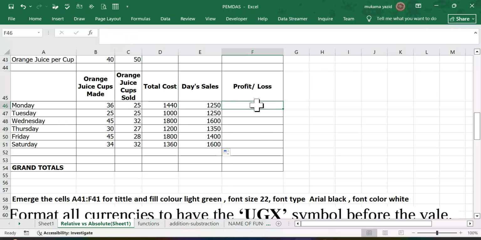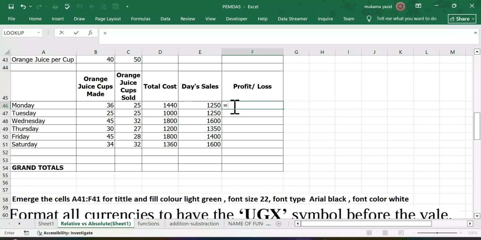So from there, another thing here, it's very simple. Loss or profit. In every business, you expect a loss or a profit. So did we make a loss on Monday? Let us see on Monday. We managed to make 36, but we sold 25, which implies we made some loss. So if we want to see whether we earned something or we didn't earn, we say day's sales minus total cost.